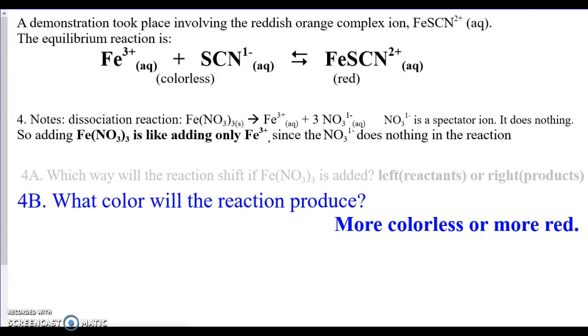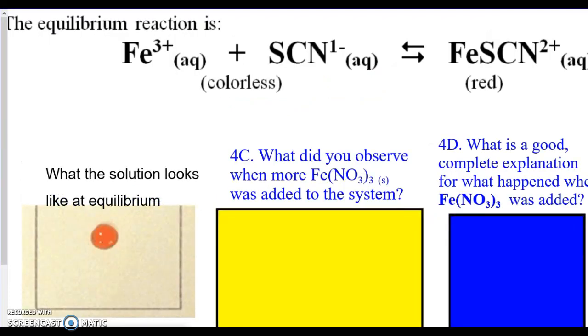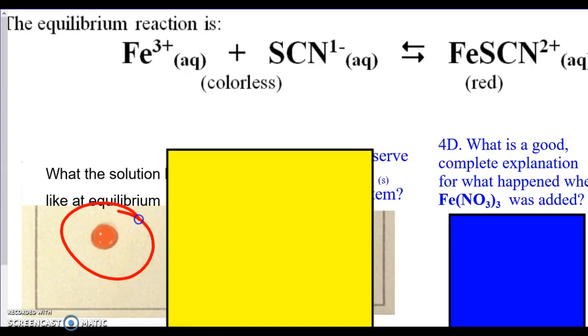What color would it be? Well, if we are shifting towards the products, we are shifting towards red, so it would be more red. So this is the actual experiment. So right here is the color that it would be at equilibrium. What did you observe when you added some iron 3 nitrate to the system? So what did it actually look like if you did this experiment?